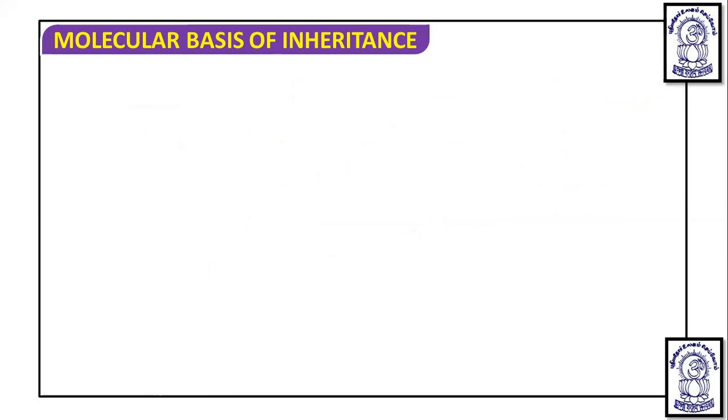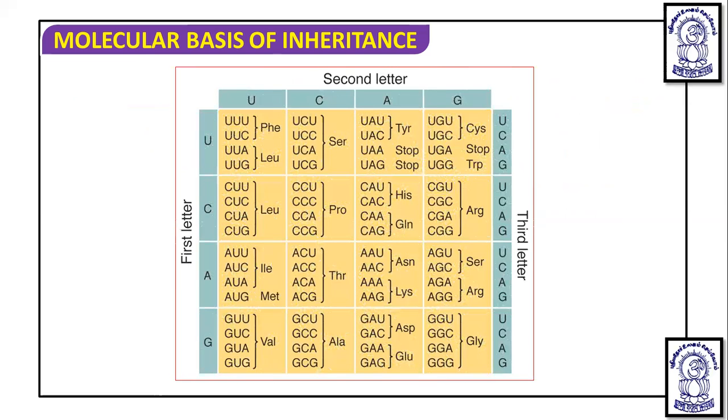And in continuation of that, the final checkerboard was prepared, in which it is written which codon codes for which amino acid. If we look at this checkerboard, you can see the first letter is U, C, A, G. In these four boxes, the first letter is U. In this row, cytosine is the first letter.